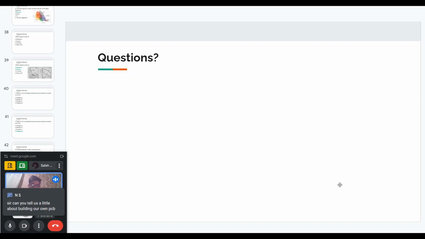Building your own PCB. So it was actually shown in the last lecture of the actual course. They had a PCB tutorial where you have to follow all these steps that we mentioned.